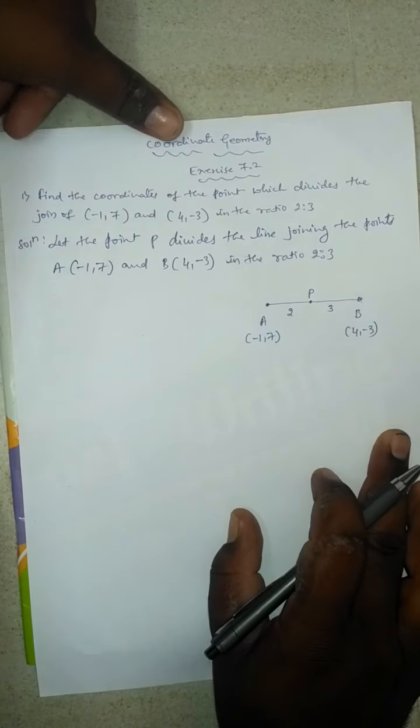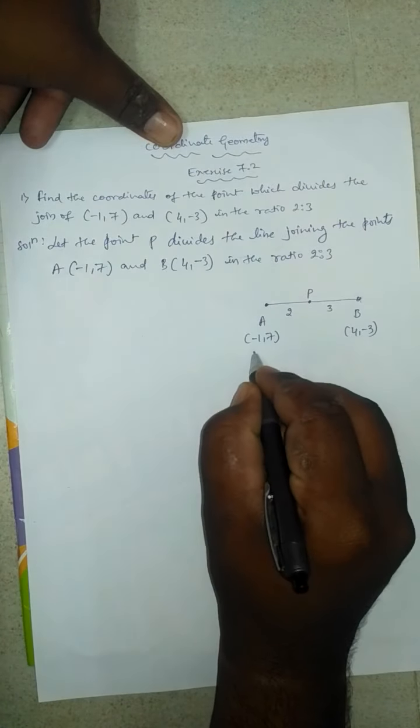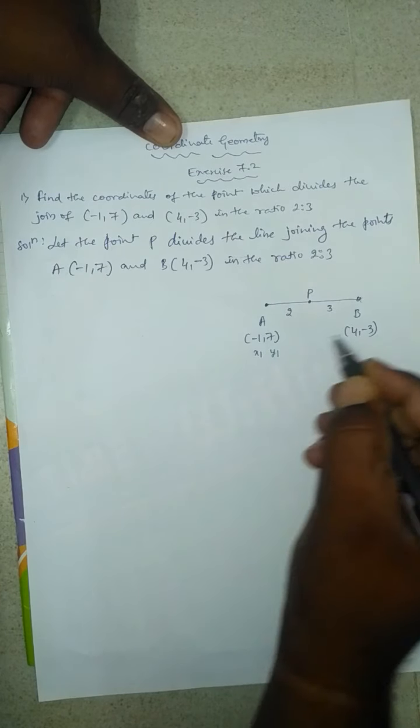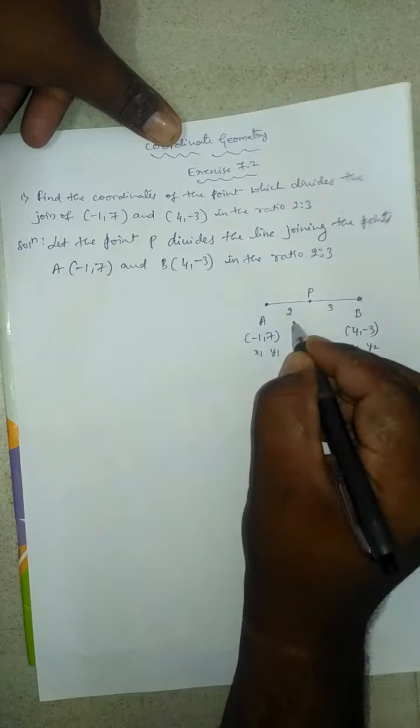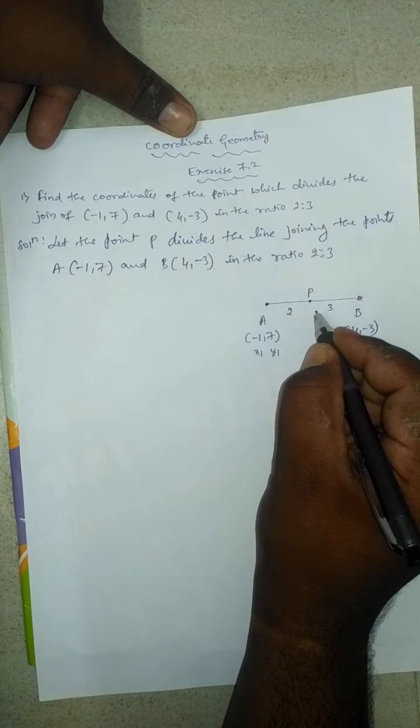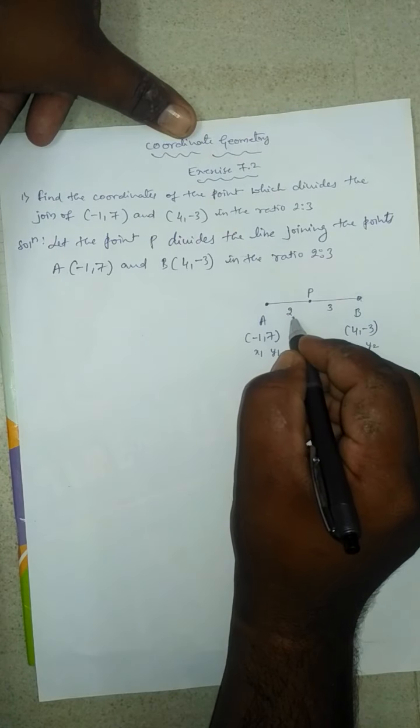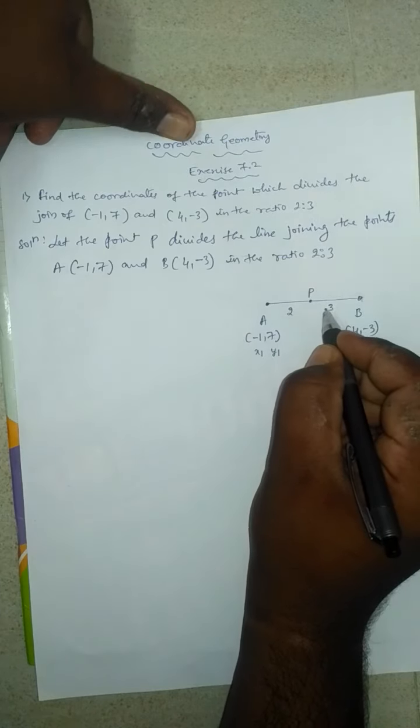So what do you have to write here? This is x1, y1. This is x2, y2. Here the ratio 2:3 is there. M1 is 2, M2 is 3.